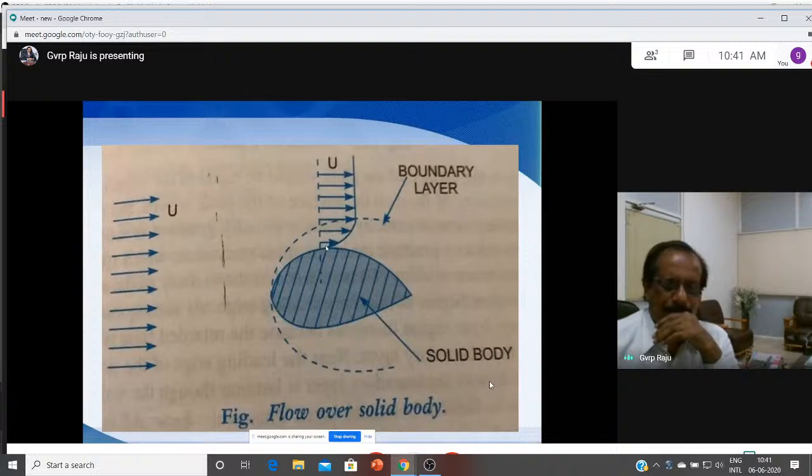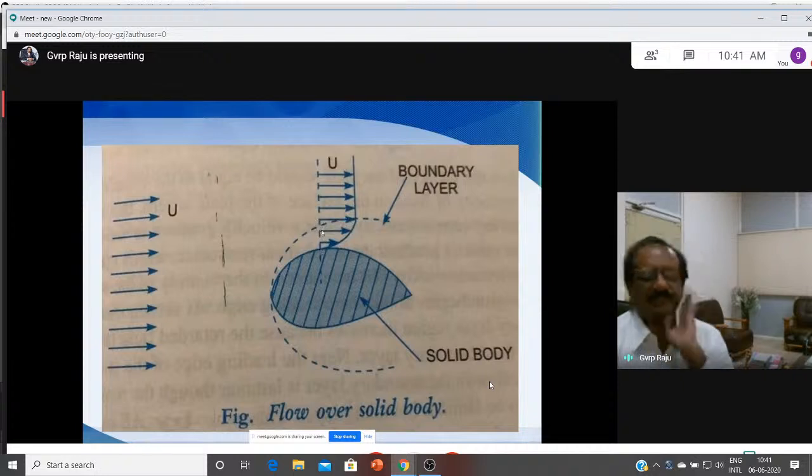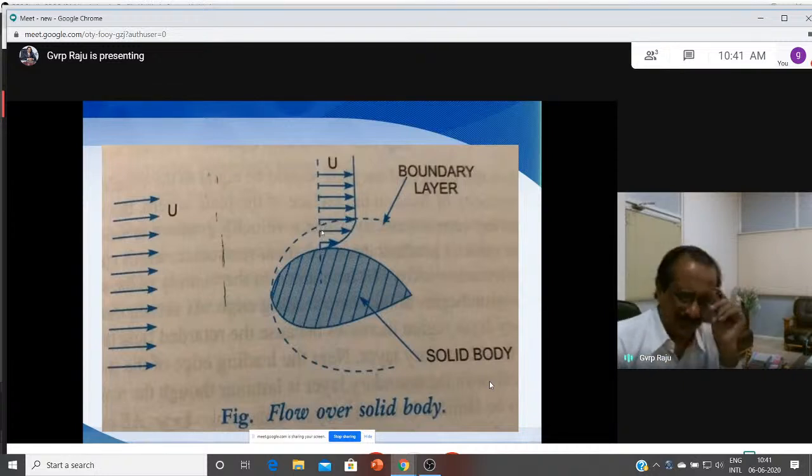The distance from here to here is y, and dy is the vertical distance between the two points under consideration. This is called the velocity gradient.